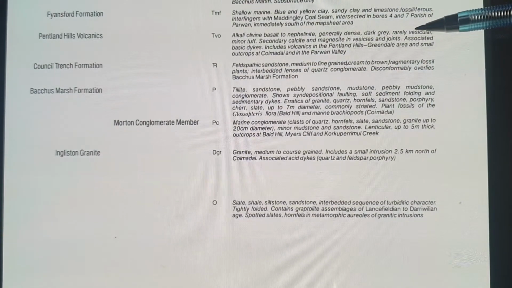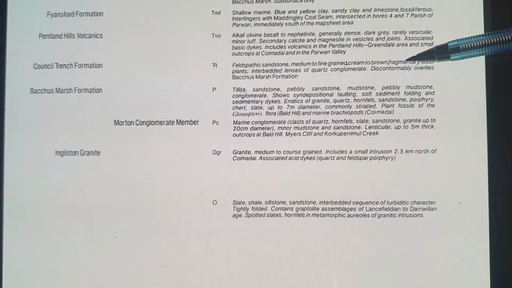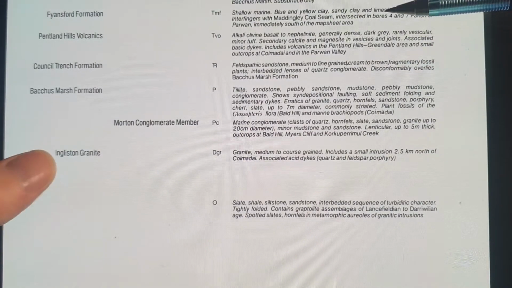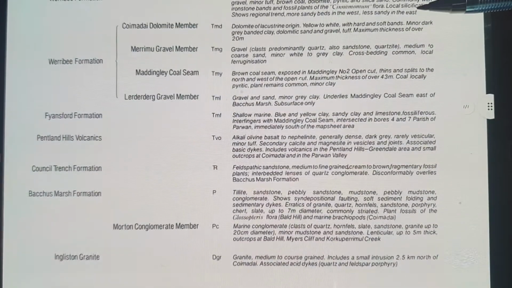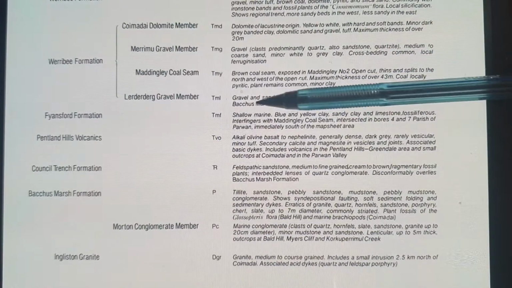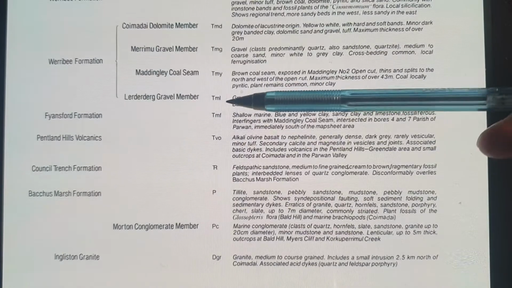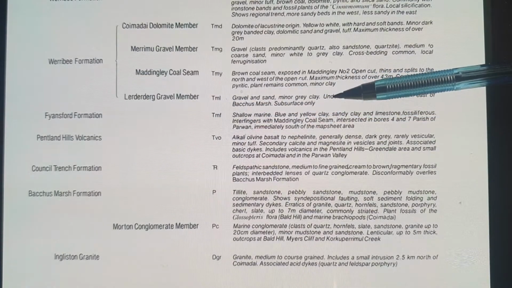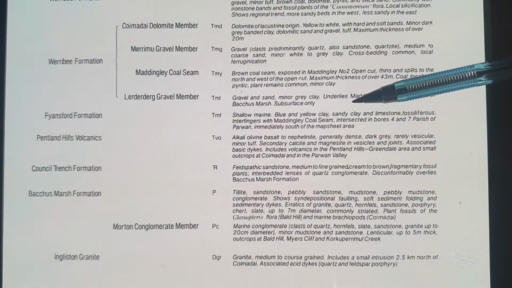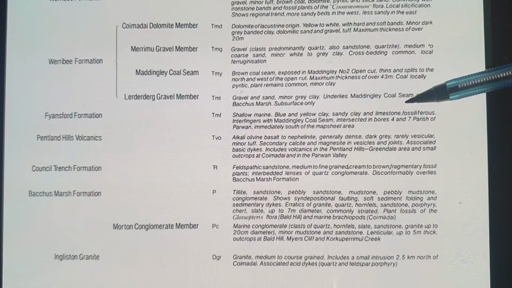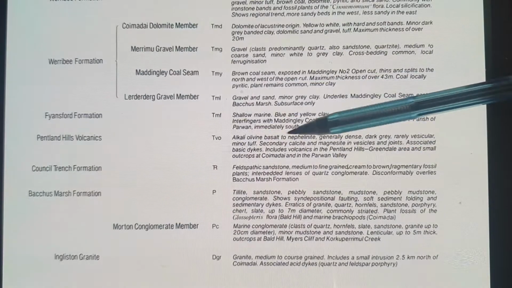And then we have other formations as well. Then you've got shallow marine. So that's Tertiary, I believe, the gravel member. So shallow marine, blue and yellow clays, sandy, limestone, fossiliferous. So you need to write down all the formations that have fossils in them.